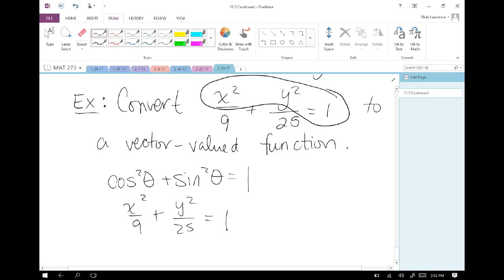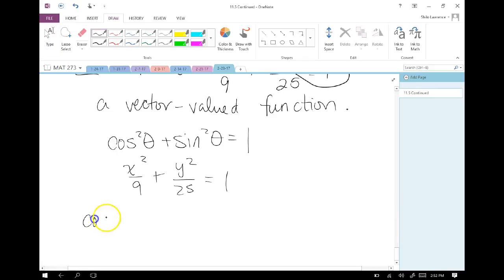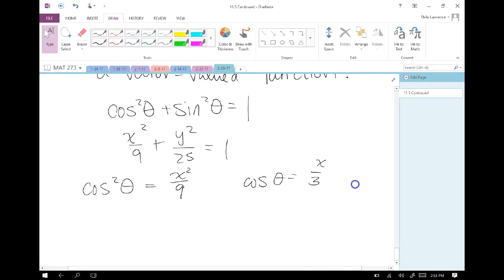So let's start pairing up some pieces. We're going to do one more thing here, because if we want to change it to a vector valued function, we want to know what x equals and what y equals. So there's one more algebra step on cosine theta equals x over 3.